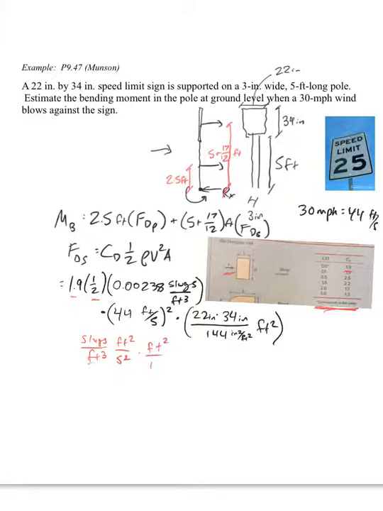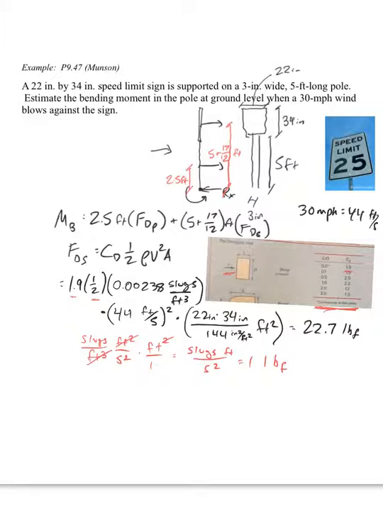And so the foot cubed cancels, and I have slugs feet per second squared, and that's exactly what equals 1 pound force. So I can calculate this all out, and I get 22.7 pounds force.